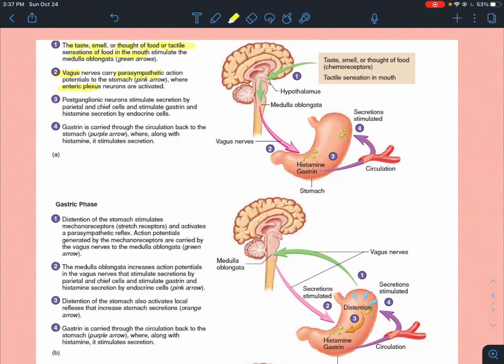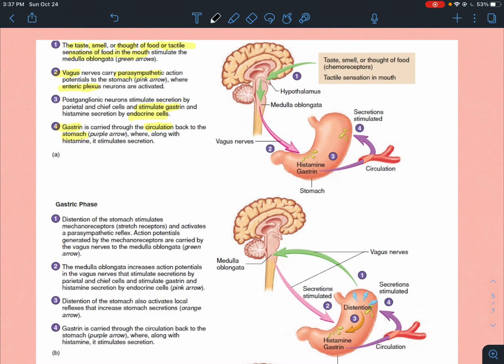And notice that it says that this will stimulate gastrin by endocrine cells. Gastrin is carried through the circulation back towards the stomach, where it stimulates secretion. And that's what's being shown here. We get stimulation of these G cells.